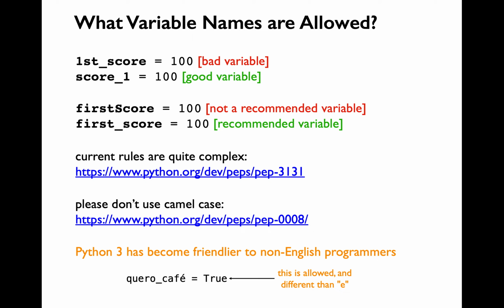The recommendation is that you should use an underscore to combine the two words to form a variable name in Python 3. An example for that would be first_score as the preferred variable name in Python 3, as opposed to firstScore where S is capitalized.